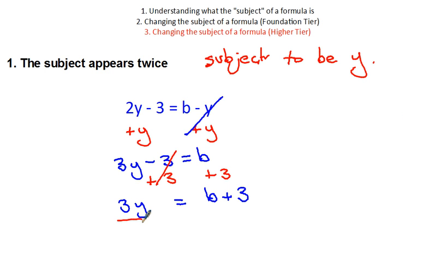We're going to be dividing by the 3 because that's the thing that we don't want there. These will cancel. You must also remember to do it to the other side as well, I know you forgot then. So divide the right hand side by 3 as well. And then we are left with y is equal to b plus 3, divided by 3.